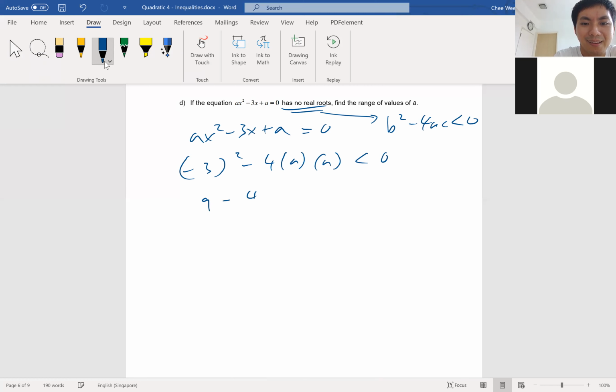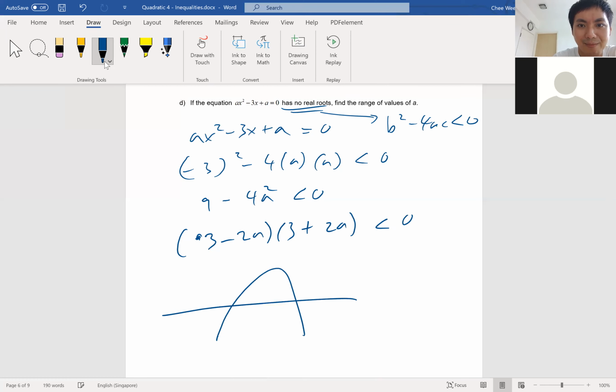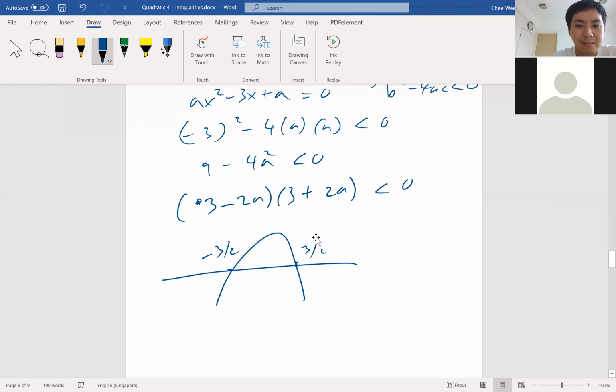And then it's an n-shaped graph. So we will write like this. Okay, so this is an n-shaped graph. Get it now? So this is 3 over 2 and minus 3 over 2. Understand now?